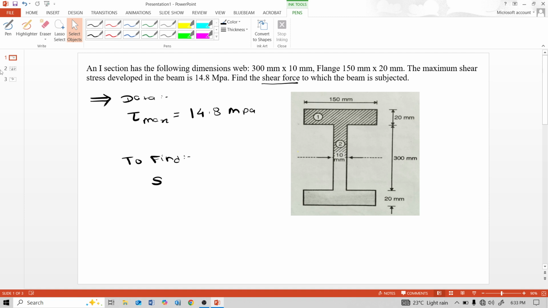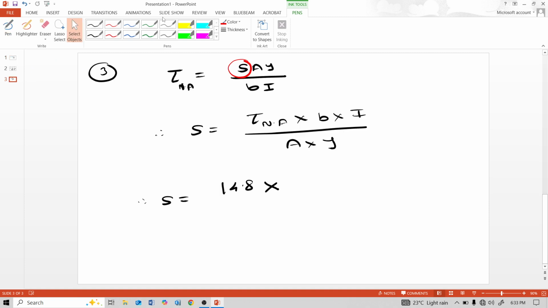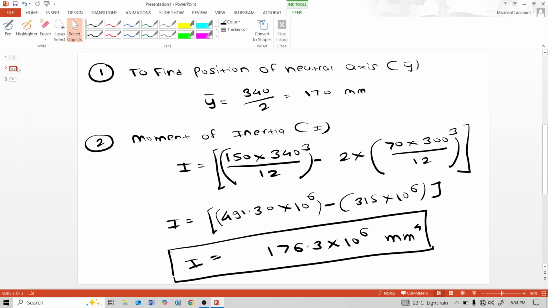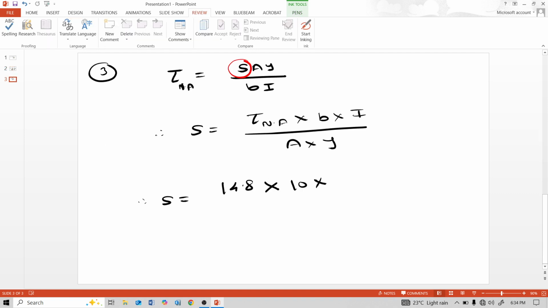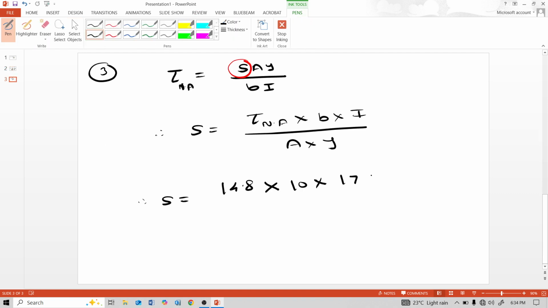At the neutral axis, the width is this 10 mm, so B is 10. And I, moment of inertia, is 176.3 into 10 raised to 6, divided by AY.